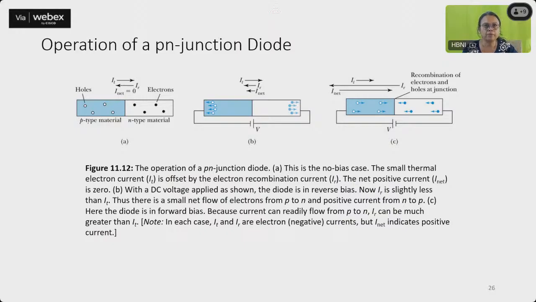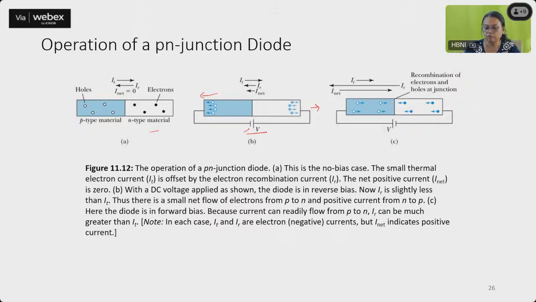Now the operation of a PN diode: we have holes, and electrons in the n-type material. For current conduction, when we give p-type a positive voltage and n-type a negative voltage, electrons will move in this direction and holes in this direction.